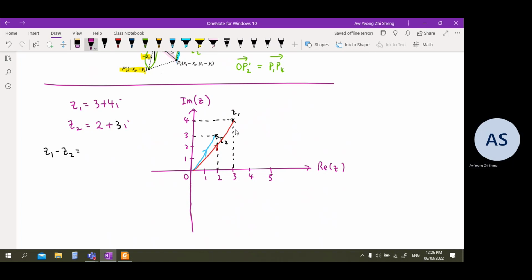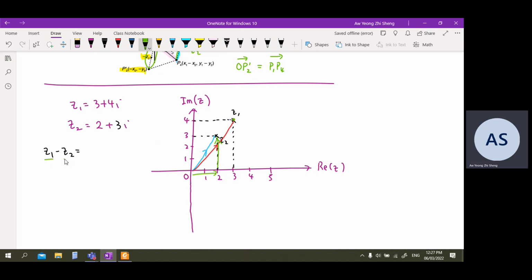My blue color vector, the vector representation of Z2, will have 2 units to the right and 3 units up. If I want to take the negative of Z2, I will have to go 2 units to the left and 3 units down.